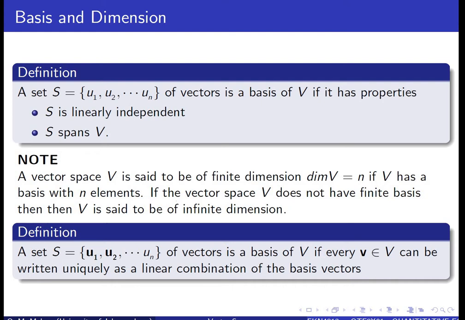A set S equals u1, u2, all the way to un of vectors is a basis of V if it has the following two properties.